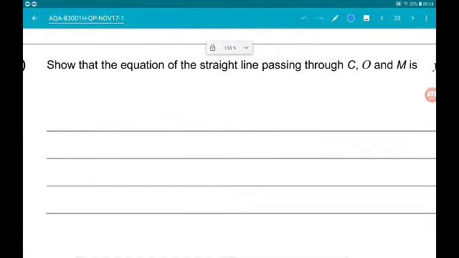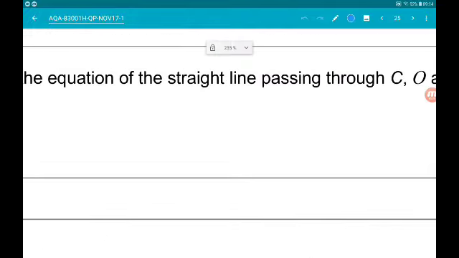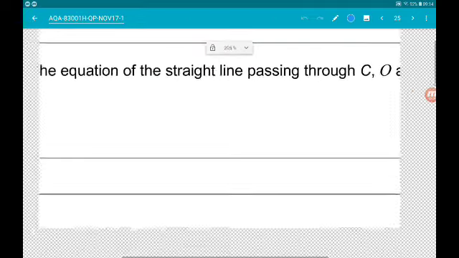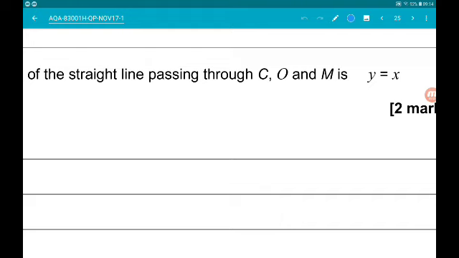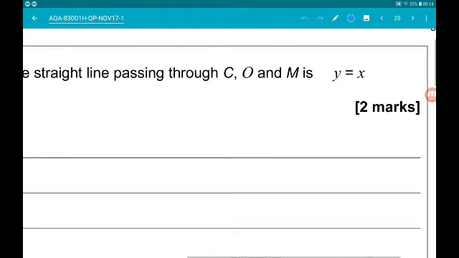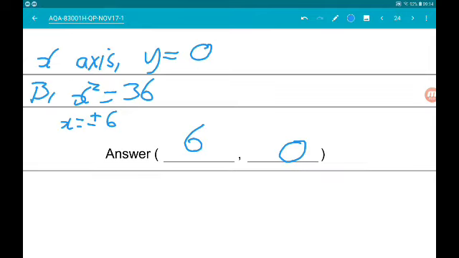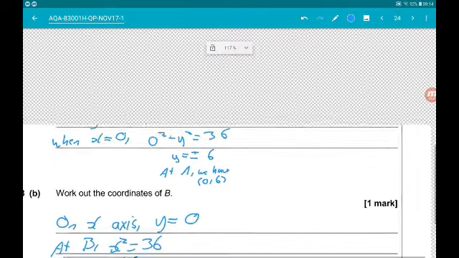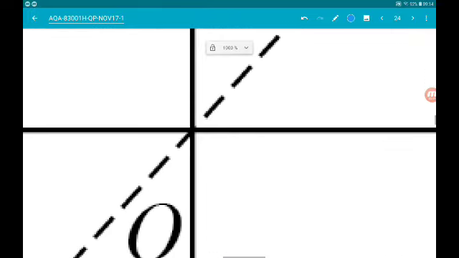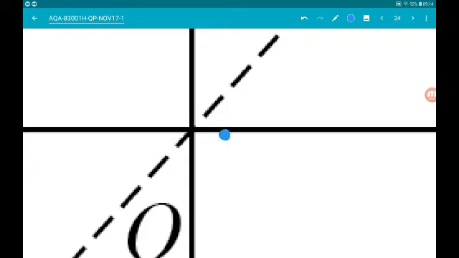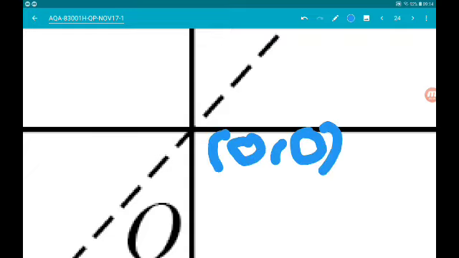Part C wants us to show that the equation of the straight line passing through C, O and M is y equals x. Okay, so we know that it passes through the point O, which has coordinates 0, 0.